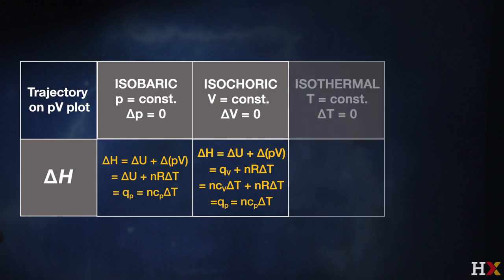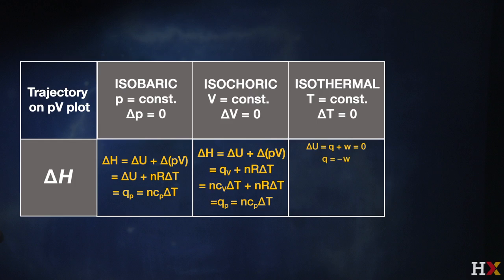All right, now the isothermal case. So we write our delta U is equal to Q plus W. We recognize that it's isothermal, so that's equal to 0, so that Q is equal in magnitude but opposite in sign to the work term.